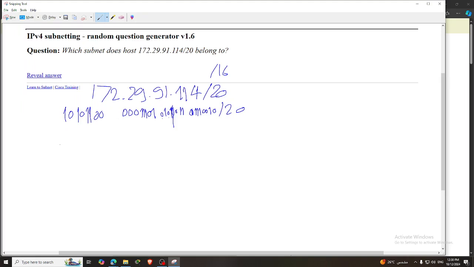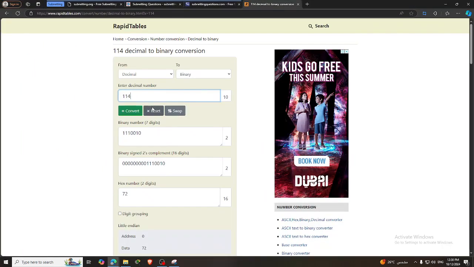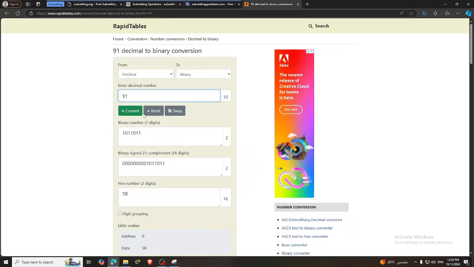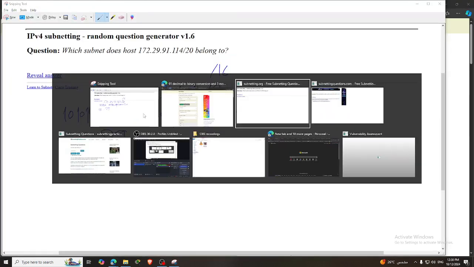So basically the network address is 172 because this is untouched, and this is also 29. However, here we only have 64, I guess. 91. 1, 2, 3, 4. Actually, 64 plus 16.